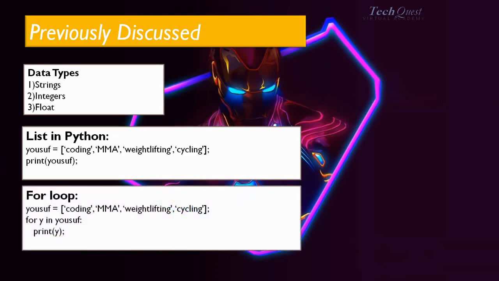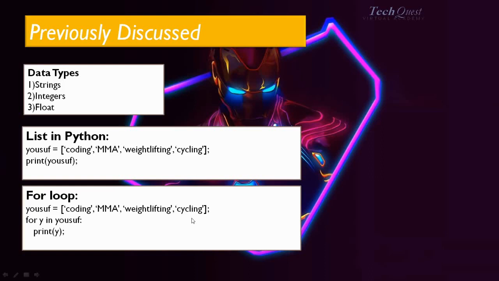The third thing is looping in Python. We have seen that by using the for loop we can apply multiple functions multiple times in the same program.